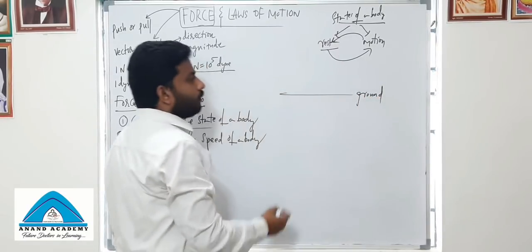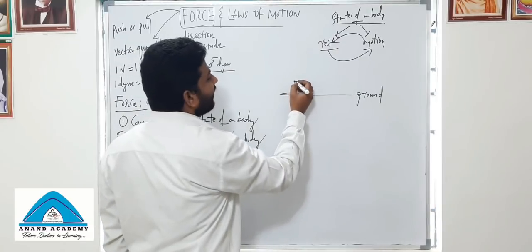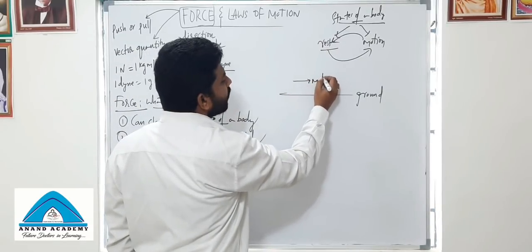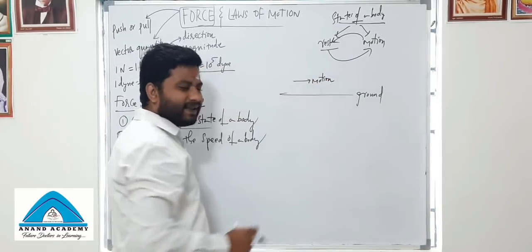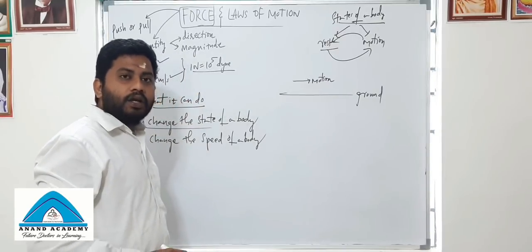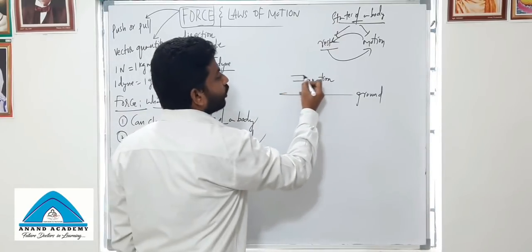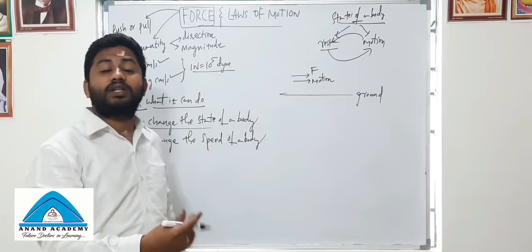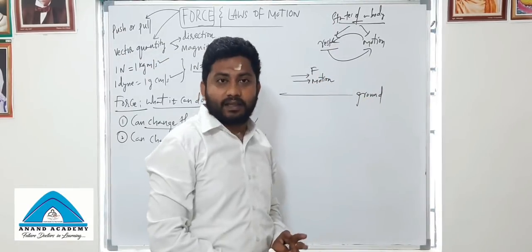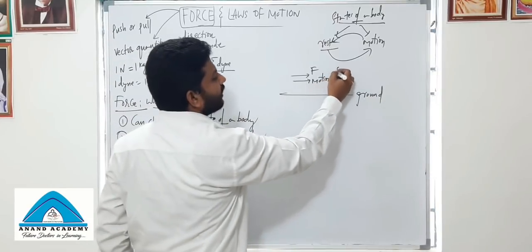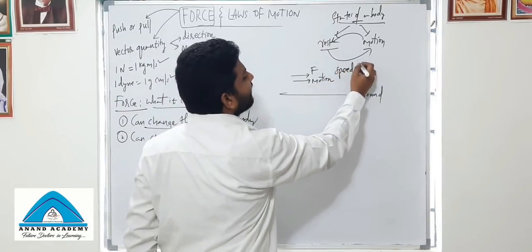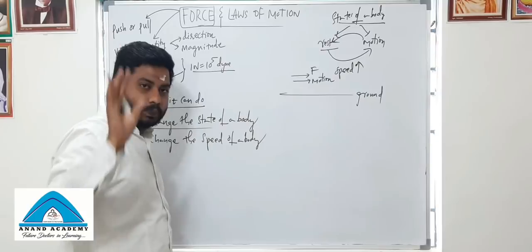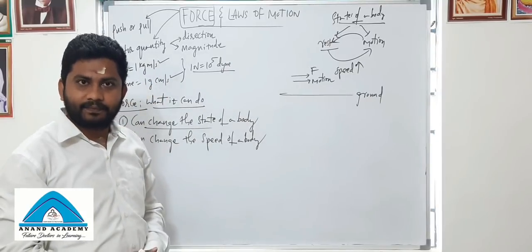Imagine you are moving on a bicycle in this direction. This is your motion on the bicycle. Your friend is pushing your bicycle in this direction, in the direction of the motion. So what can I say, the speed of the bicycle increases, yes or no? Definitely it is yes.